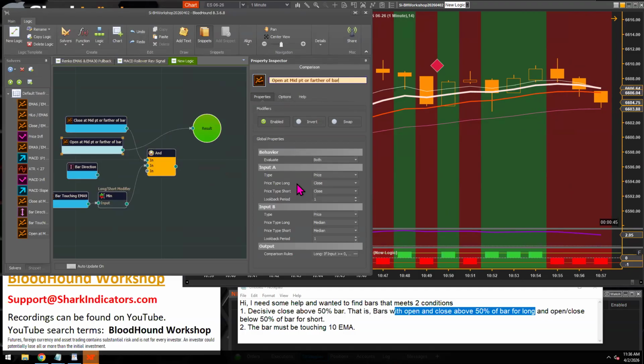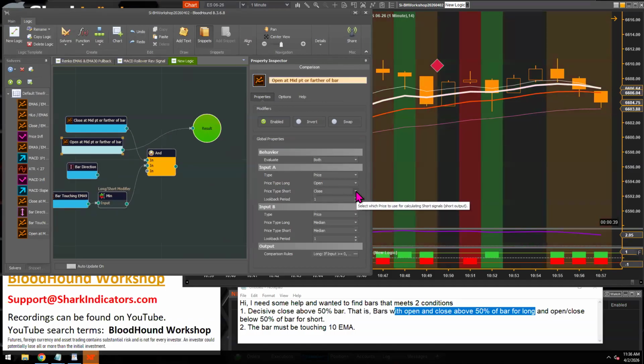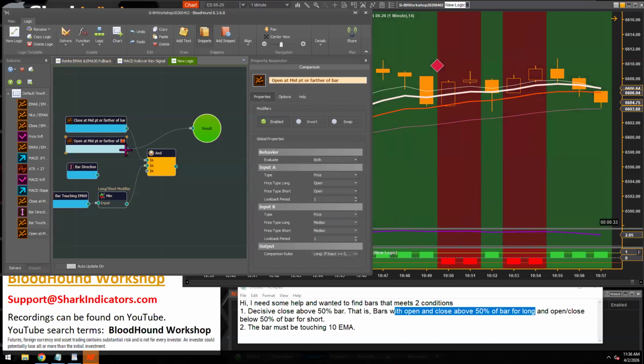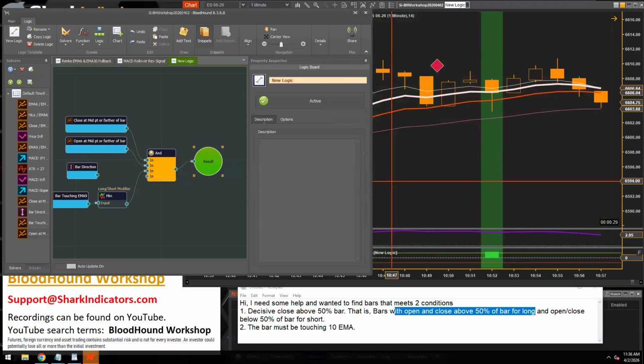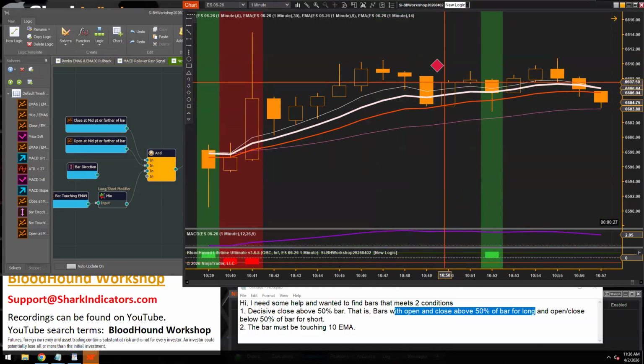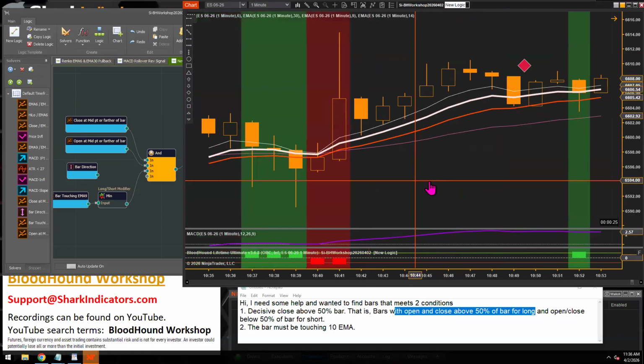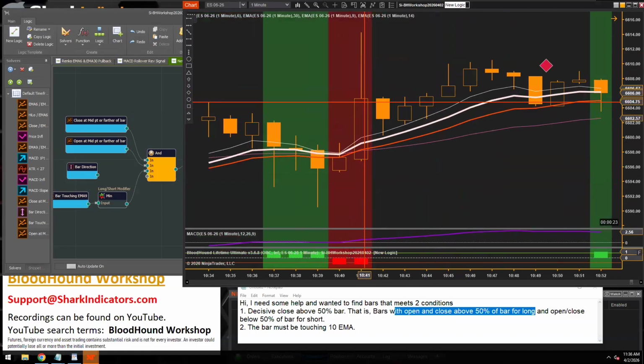All right, so the open. All we need to do is just adjust input A to the open price. And there we have it. Connect that in. And bingo, there we go. Removed.